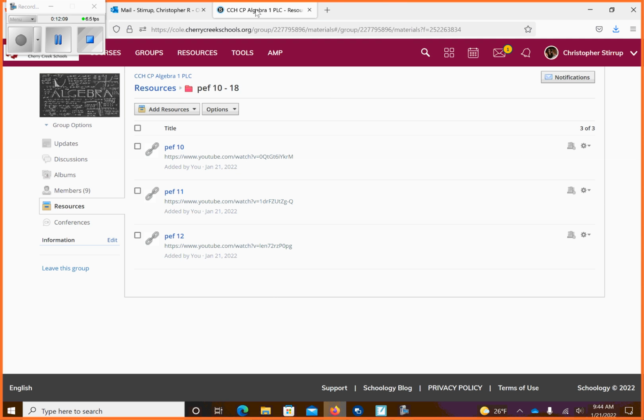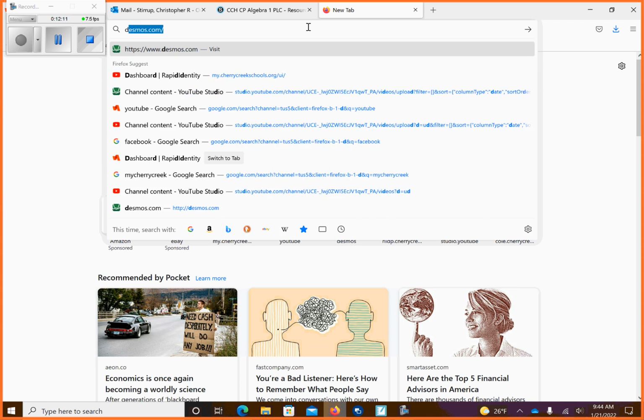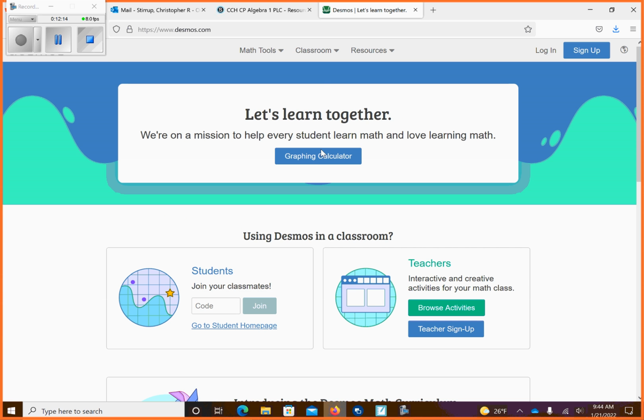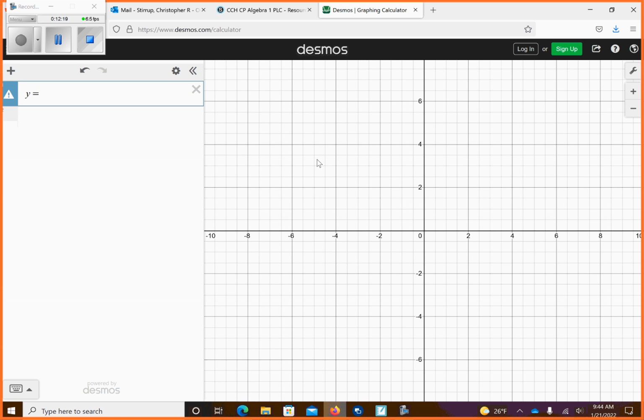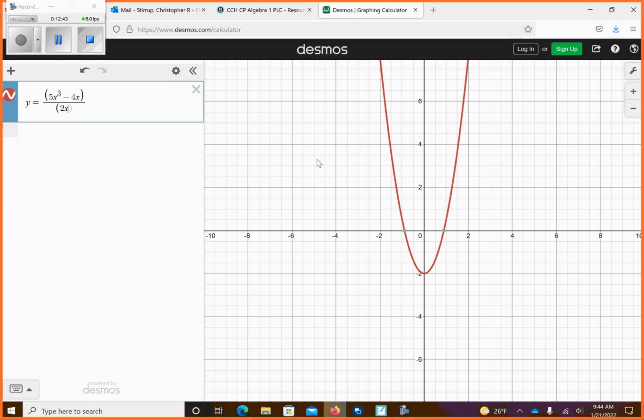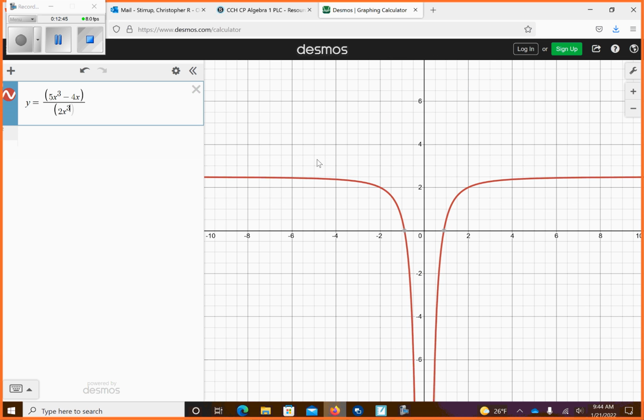So we have y equals parentheses 5x raised to the third minus 4x, divided by 2x raised to the third minus 2.